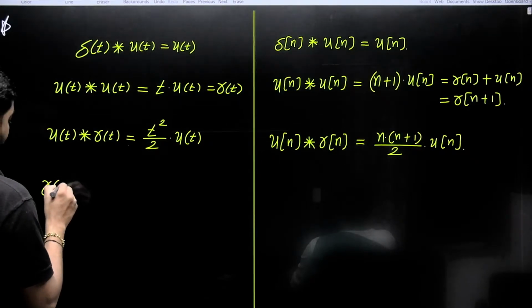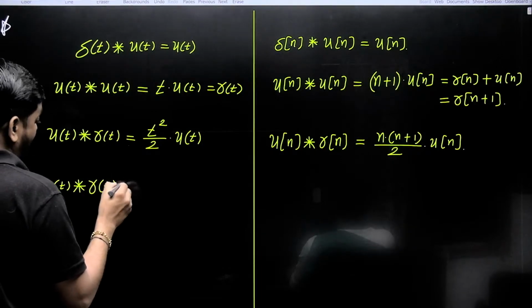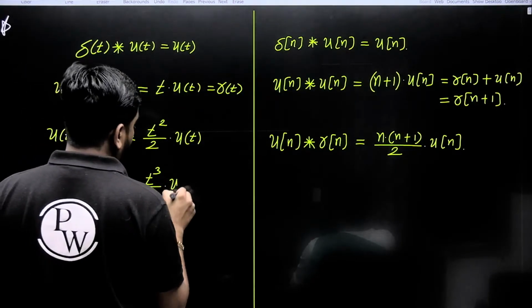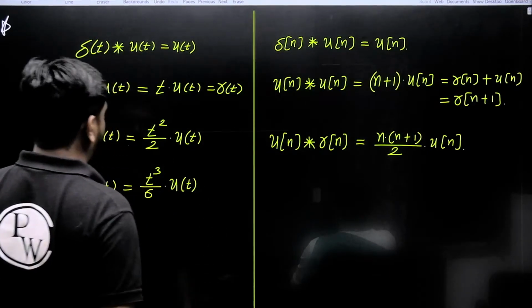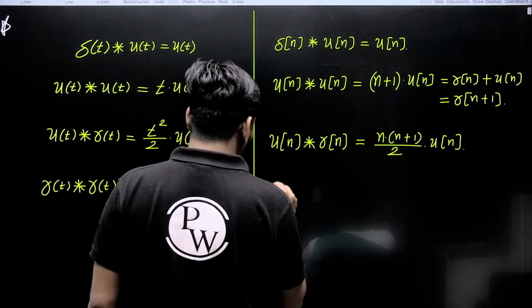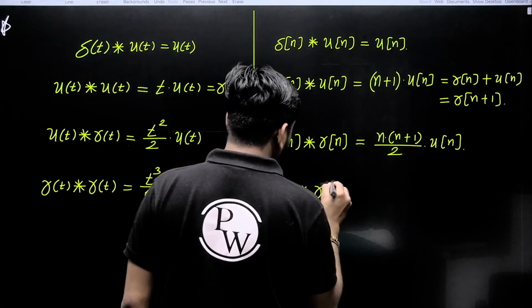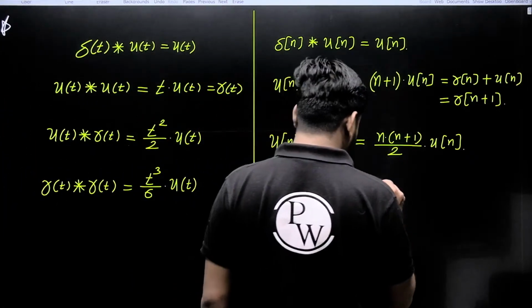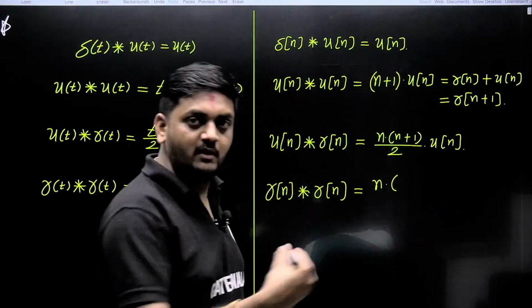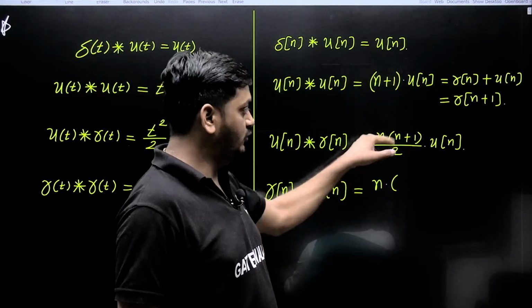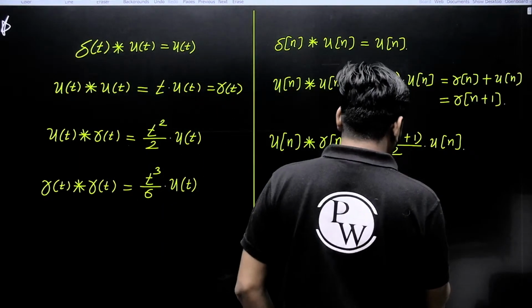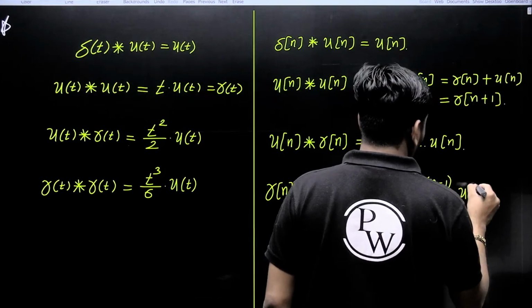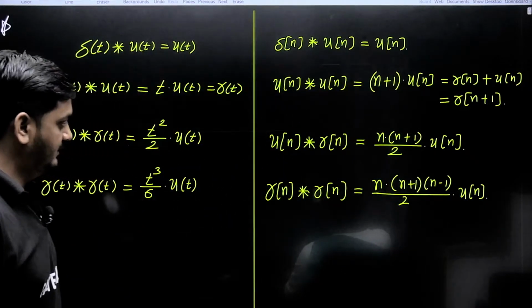Now the last one is r of t with r of t. Convolution of r of t with r of t is t cube by 6 into u of t, and here convolution of r of n with r of n is nothing but n into n plus 1 into n minus 1, whole divided by 6, correct?